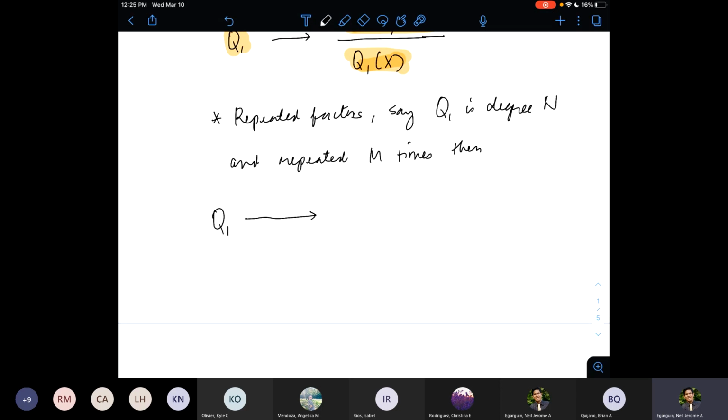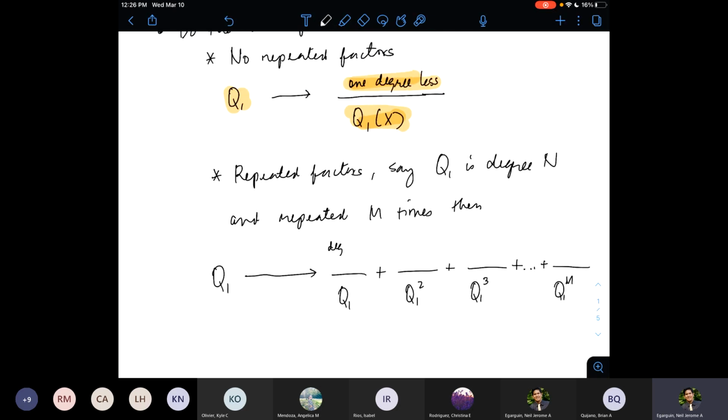Since it is repeated m times, there would be m little fractions that will be induced by Q1. And what would be the denominators for those fractions? They would be increasing powers of Q1. So here you will have Q1, Q1 squared, Q1 cubed, until Q1 to the m, because it should be repeated m times with increasing exponents. But the numerator is degree n minus 1.